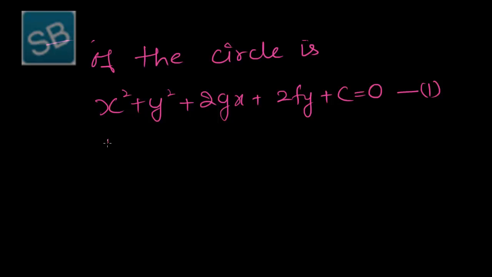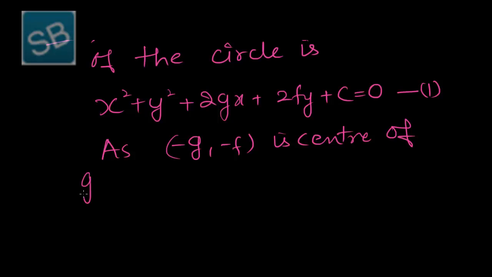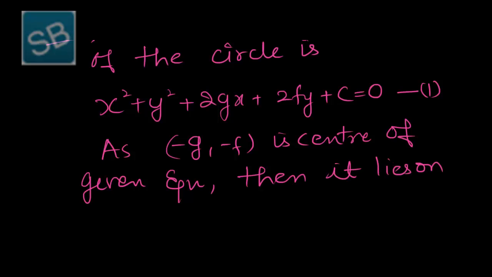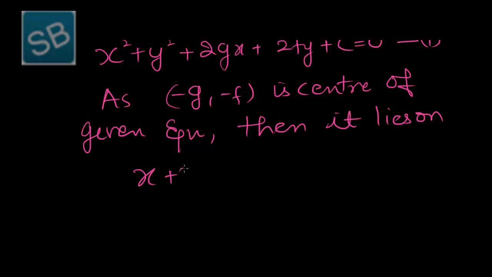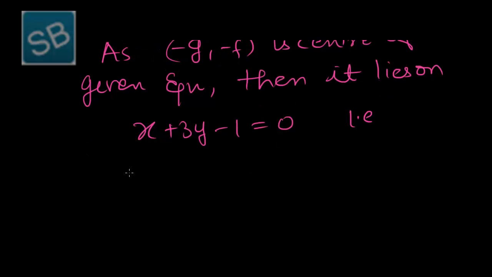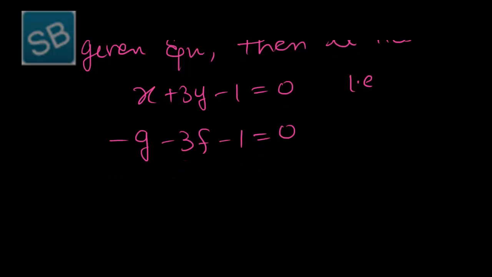As (minus g, minus f) is the center of the given equation, it lies on x plus 3y minus 1 is equal to 0. That is minus g minus 3f minus 1 is equal to 0. That implies g plus 3f plus 1 is equal to 0. So that is number 2.